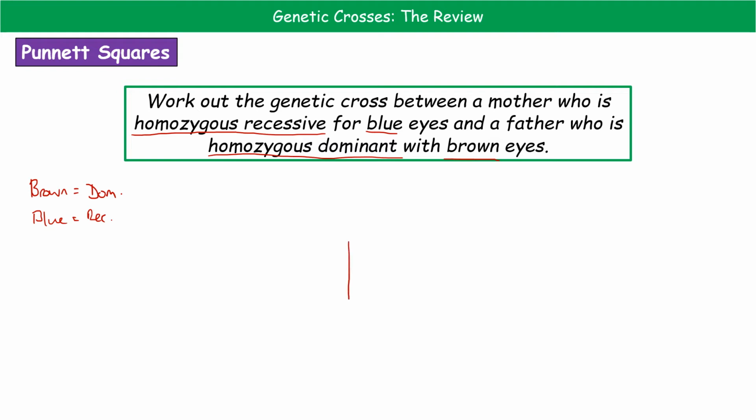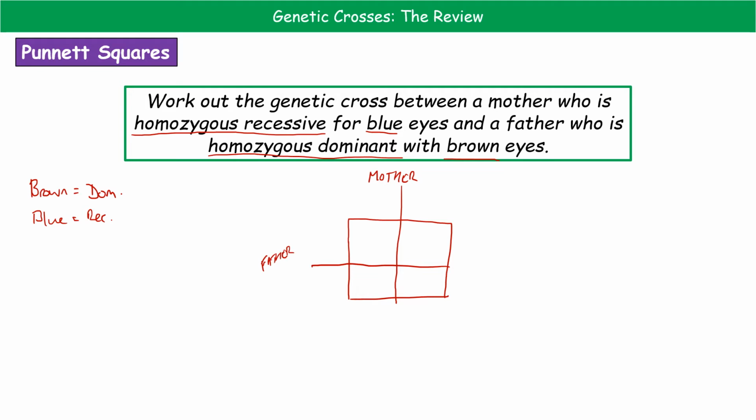What we're going to do then is we're going to draw out our little Punnett square. So our Punnett square, if you remember, is this window with the extension out the side. So we're going to put the mother across the top and the father we're going to have on the side.